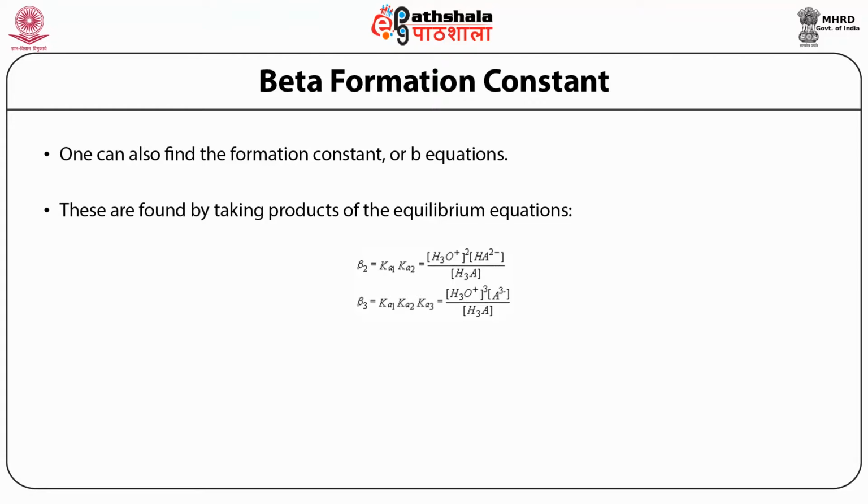Similarly, beta 3. The Ka and beta equations give concentrations of the conjugate bases in terms of only the Ka's, that is, the Ka's of H3A and H3O+.